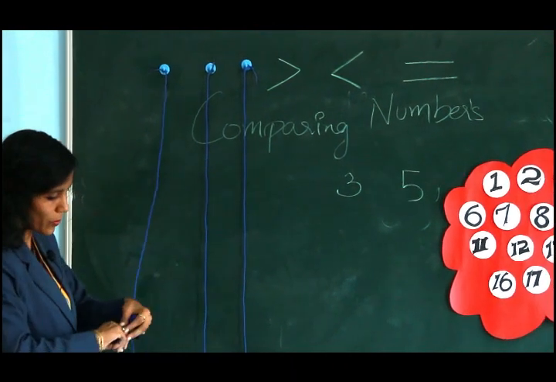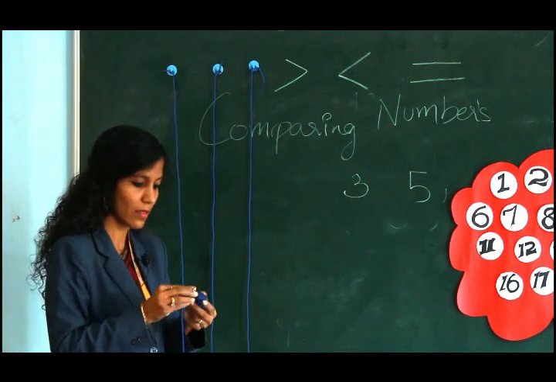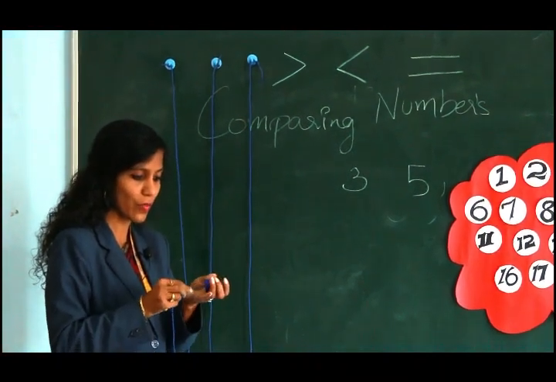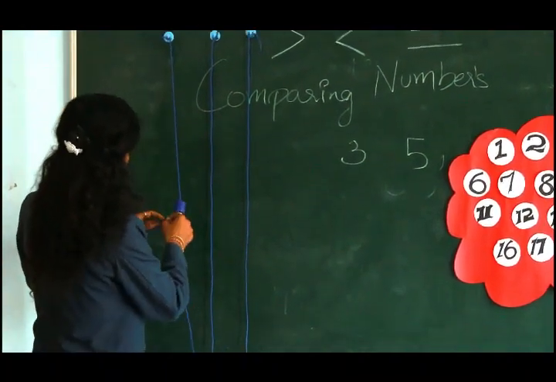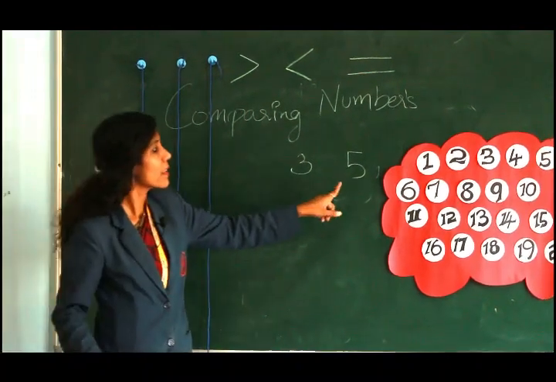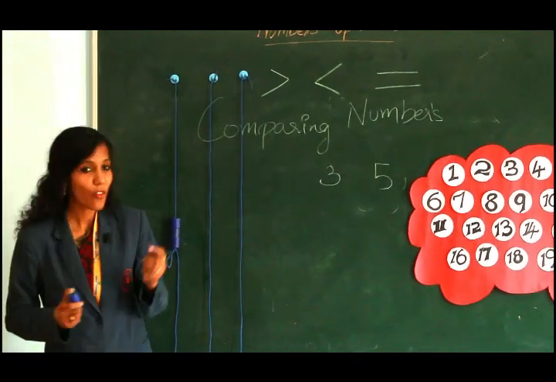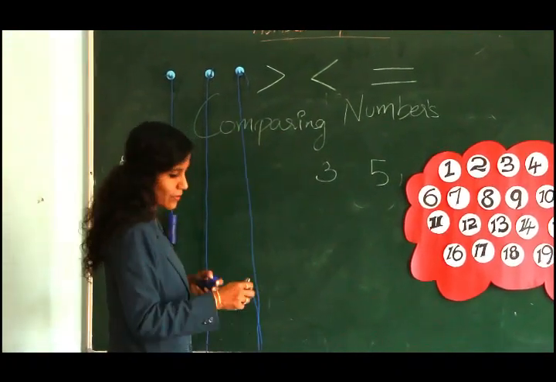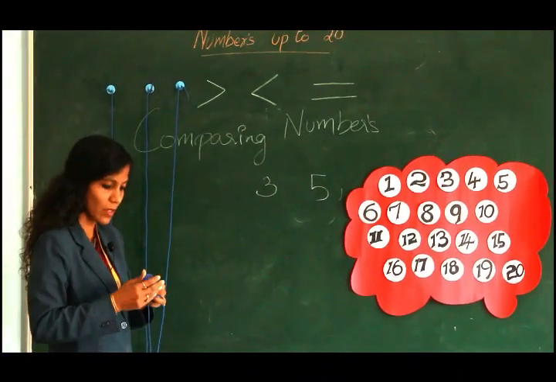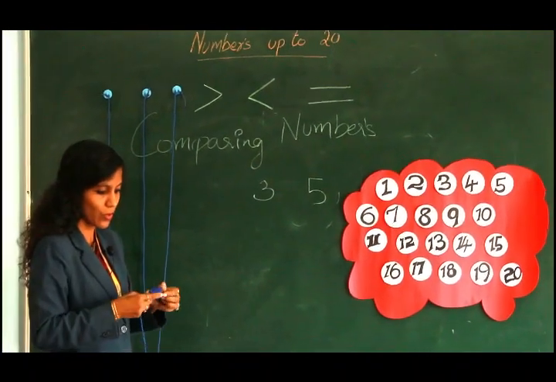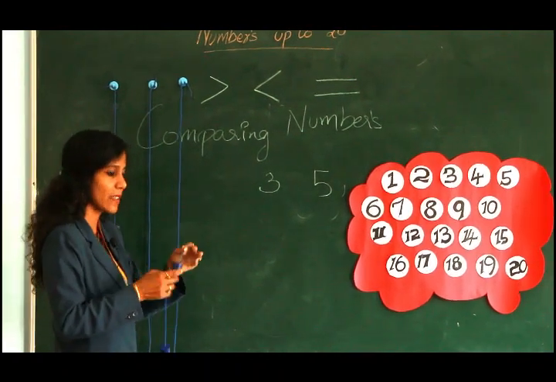So here we put 3 beads. 1, 2 and 3. So we have a set of 3 beads. Next is a set of 5 beads. So we take 5 beads, we put them here. 1, 2, 3, 4 and 5.